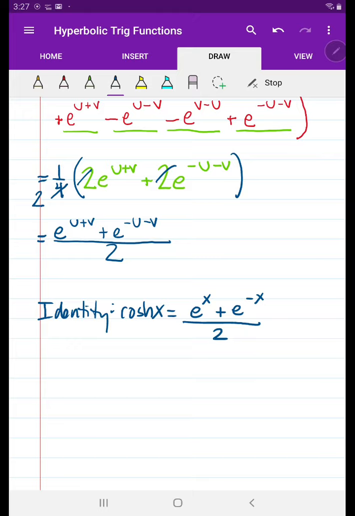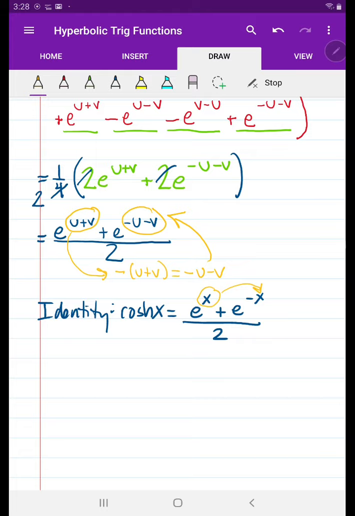So if you think about this u plus v as one chunk, and this negative u minus v as another chunk, well, this exponent negative u minus v is the negative version of u plus v. It's kind of like we took this u plus v and threw a negative in front of it, right? And then that gives us negative u minus v, which gives us this exponent here. And so that's how we get this connection from this positive x to this negative x.